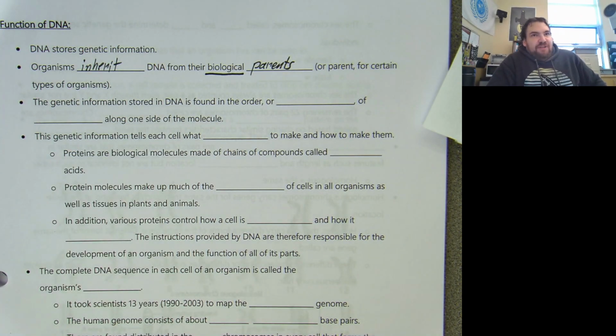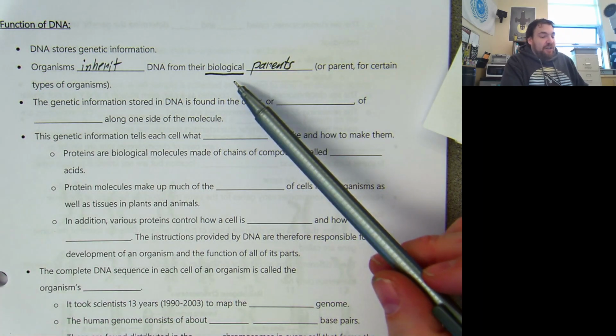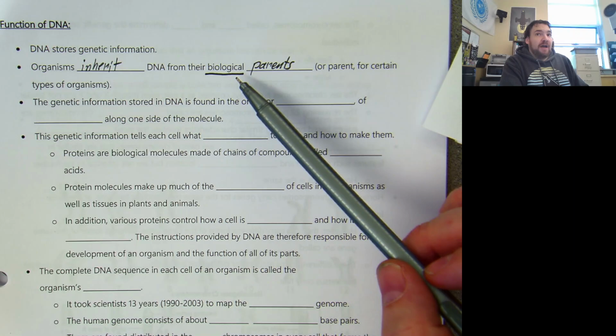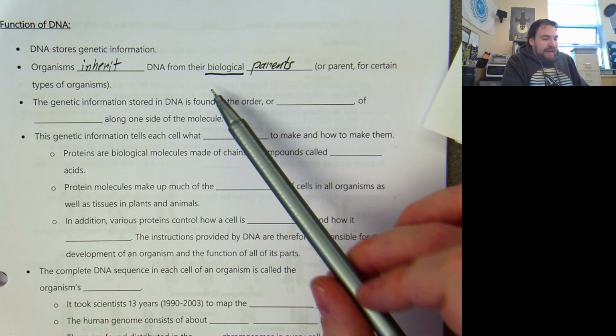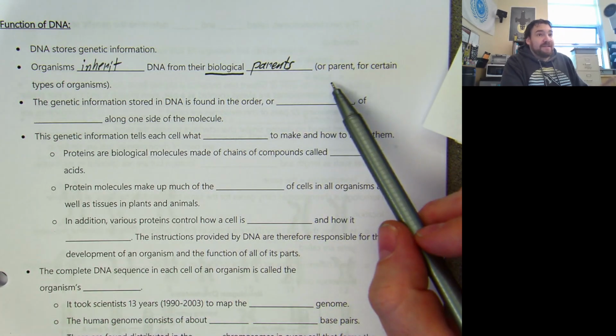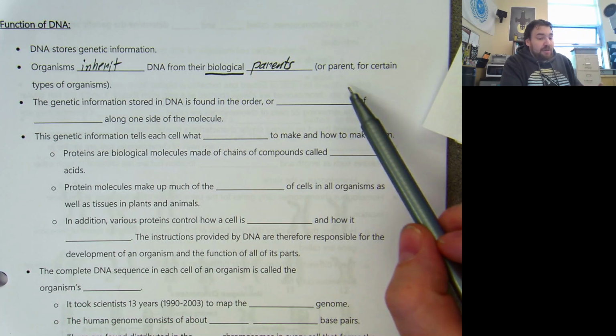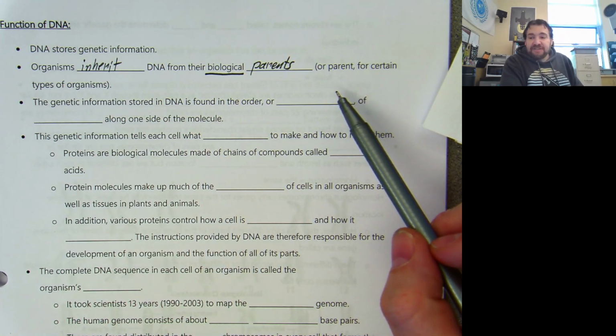For some people, the concept of parentage carries a lot of baggage. Some people might not know who their biological parents are. But the fact that the biological key here is important. You inherit your DNA from them or parent, singular, depending on the kind of organism that you are.